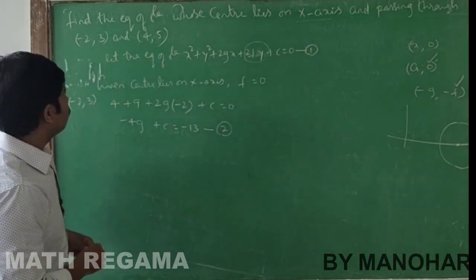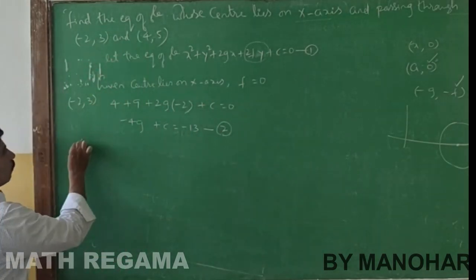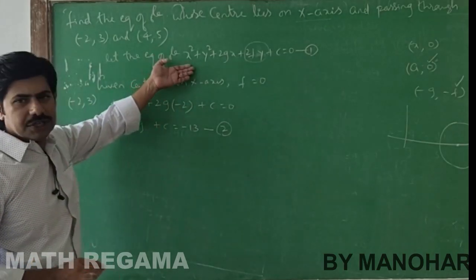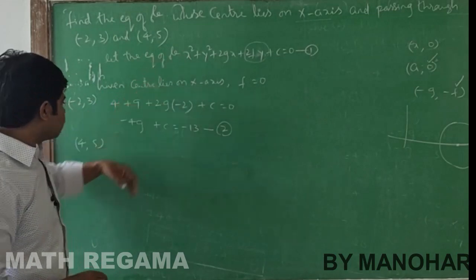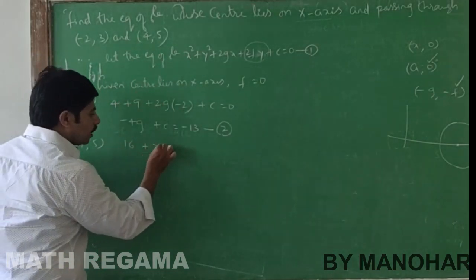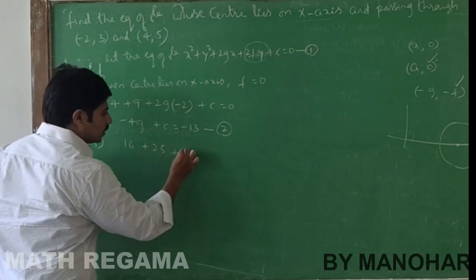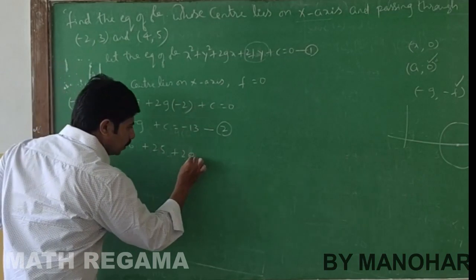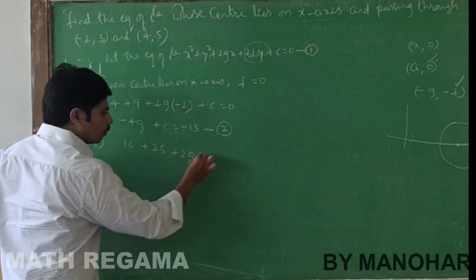Now the next point is (4, 5). (4, 5) passes through this general equation 1. Substitute that. 4 square is 16, 5 square is 25, plus 2 into g into x value, which is 4.